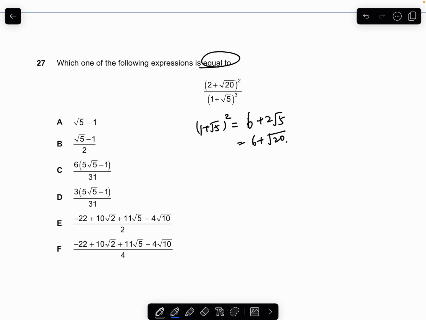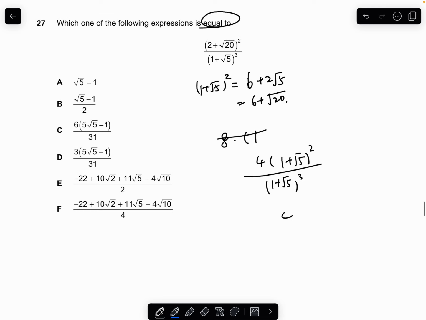Maybe no. So the first one will. Oh, it's just this, right? Yes, so it would be this times by. Yeah, okay.